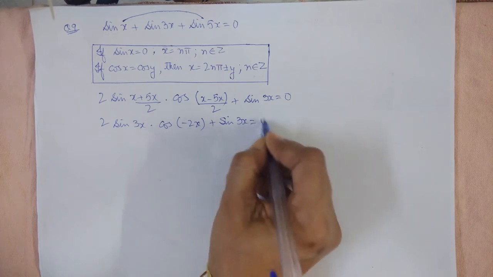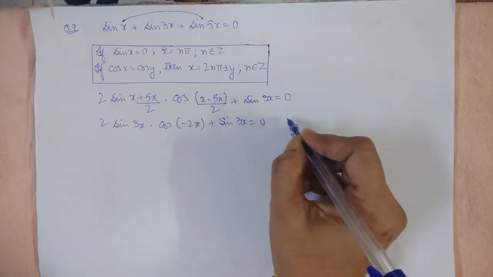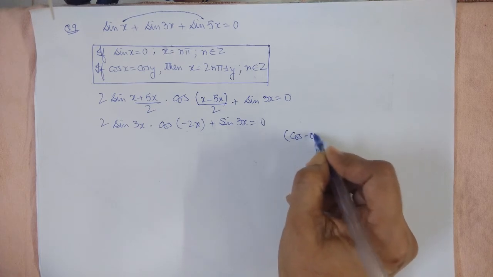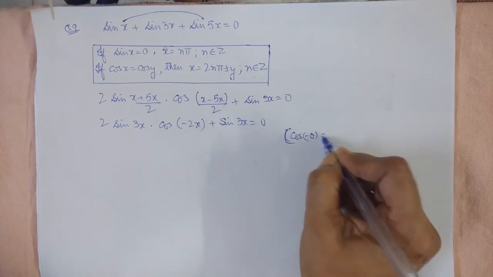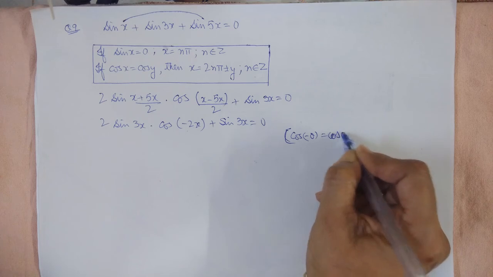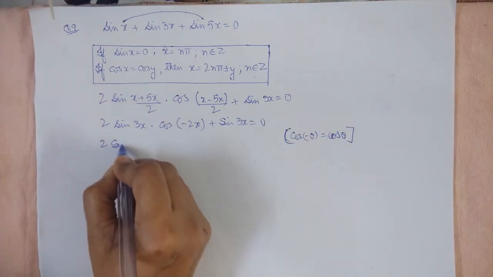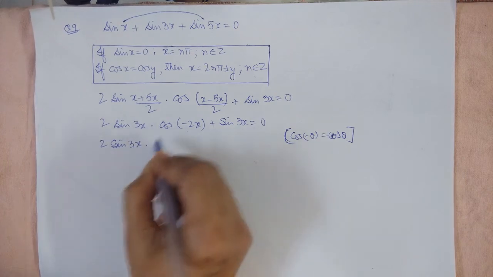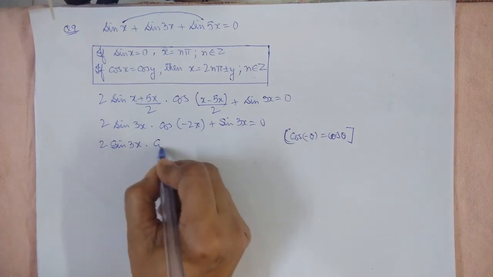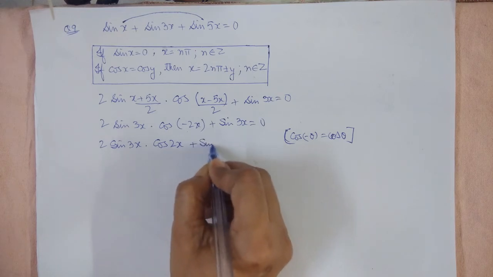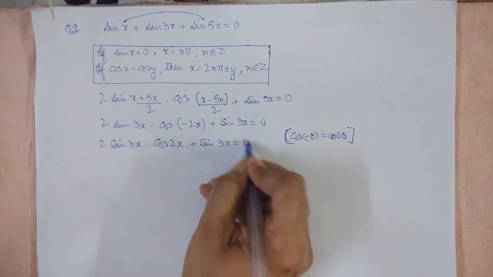Now, you know very well that cos minus theta is cos theta. So that concept we will use here. Sin 3x into cos minus theta is cos theta. So we can rewrite it as 2 sin 3x cos 2x plus sin 3x equals 0.